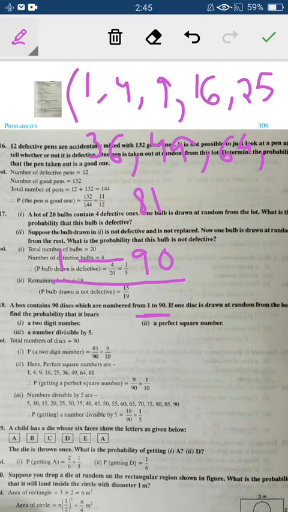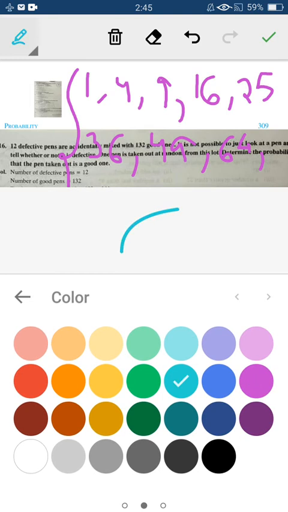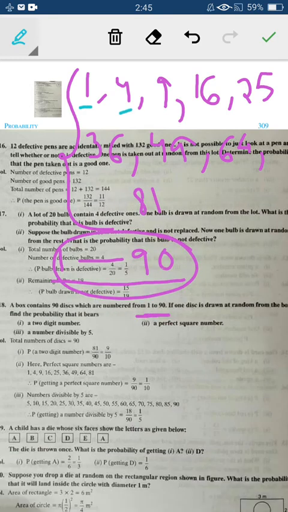So these are the perfect square numbers which are on these discs, right? So how many are there? Let us count it. 1, 2, 3, 4, 5, 6, 7, 8 and 9. So 9 perfect square numbers are there between 1 to 90, right?